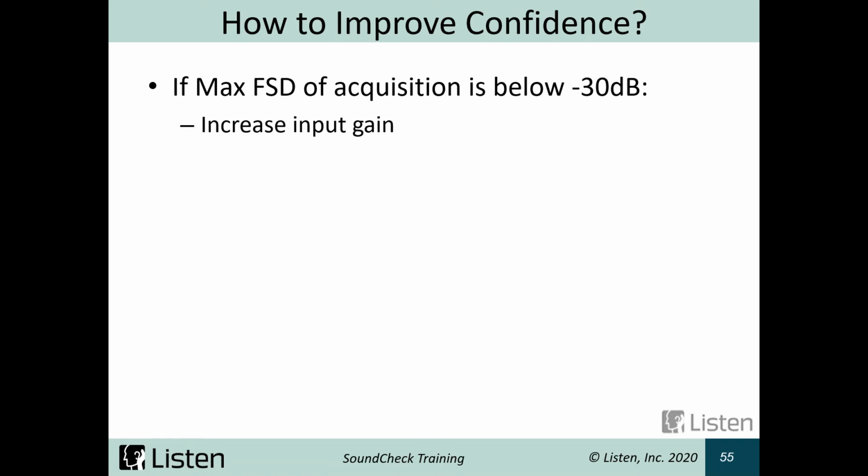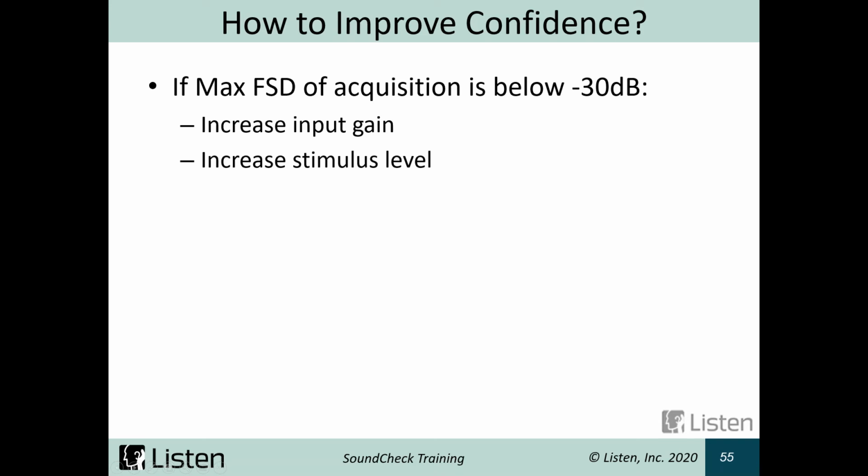We could try to increase the input gain. If I have a microphone power supply with 20 dB of gain I'm not using, I should enable that gain. If I'm using any listen device, I could enable auto gain. That will automatically try and get the best gain range possible to get as close to 0 without going over, and it's going to automatically set the gain on my device to help me do this.